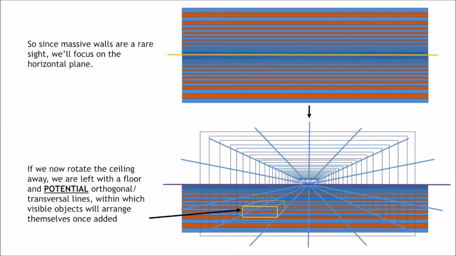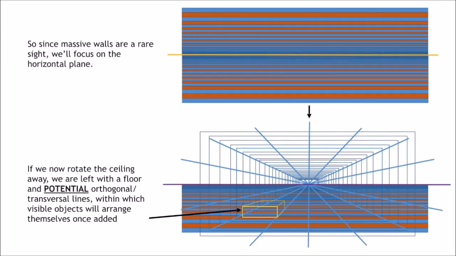So since massive walls are a rare sight, we'll focus on the horizontal plane. If we now rotate the ceiling away, we are left with a floor and potential orthogonal transversal lines within which visible objects will arrange themselves once we add them in. So again, you can rotate the ceiling now away from you as well, as if nothing was there.